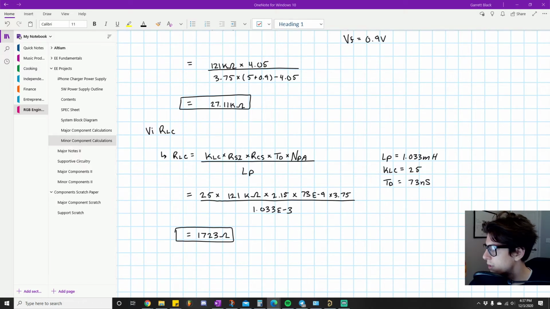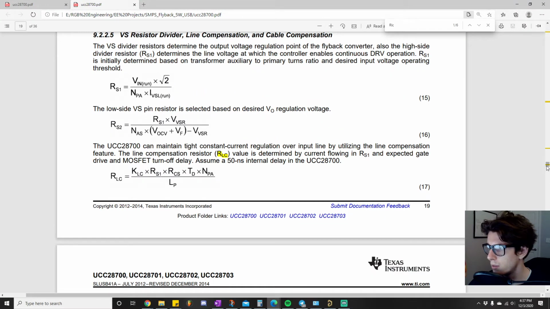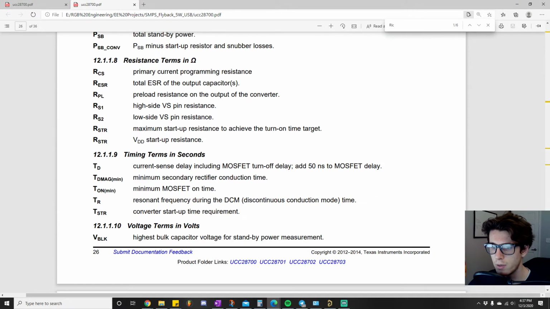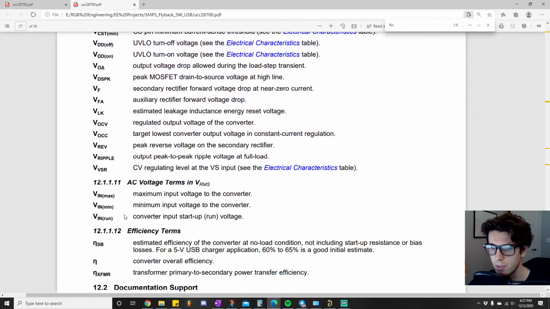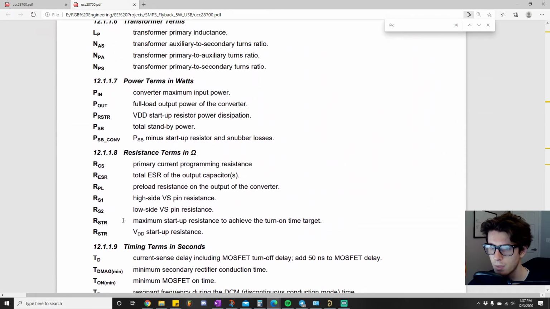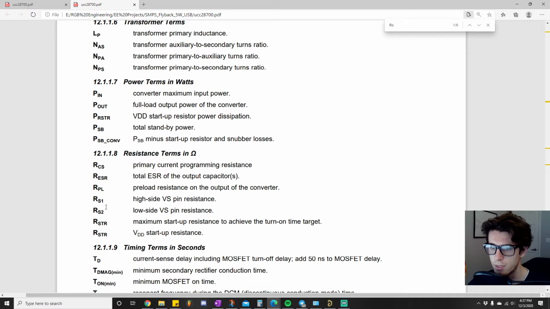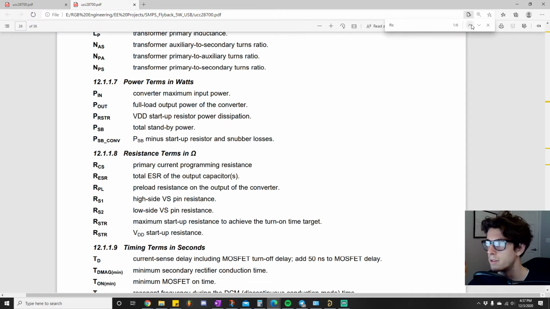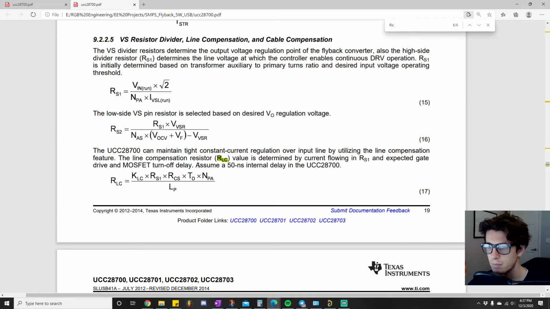I'll just show you. If we go down to the glossary and look at the resistor values, we have to go back up. RLC. It looks like it skips it, but we can still find it by Control-F.